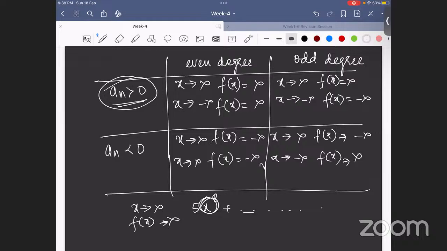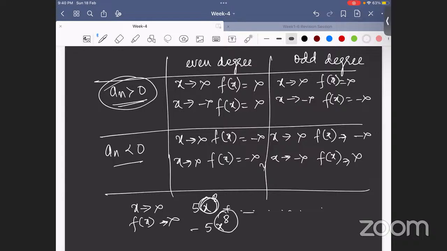Similarly, you can go. I think, sir, in the even degree, when an is less than 0, so instead of x positive, there is x negative. When the coefficient is negative, for example minus 5 x to the power 8, if I'm putting x tends to infinite, what should be the value?